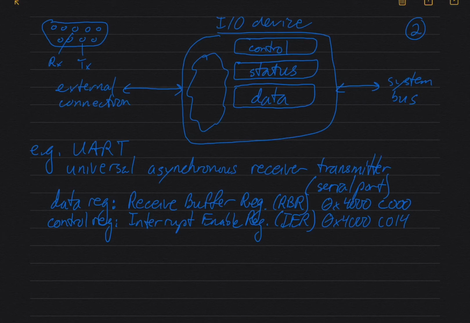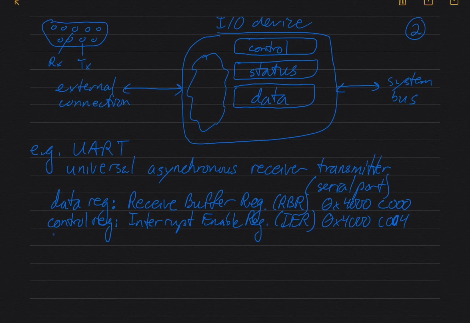And why that address? Why is there that jump there? It would just have to do with the design of the hardware for the UART, and for whatever reason, the decoding of the addresses, it made sense that that register had that address. And, oh, I'm sorry, I made a mistake. That's C004, so there isn't a jump, assuming, well, there is a jump because the RBR is only 1 byte in size.